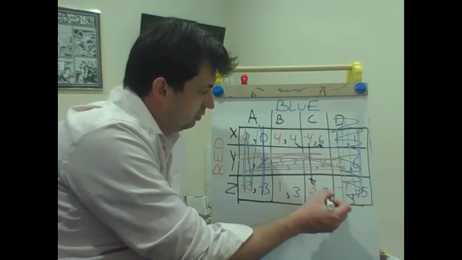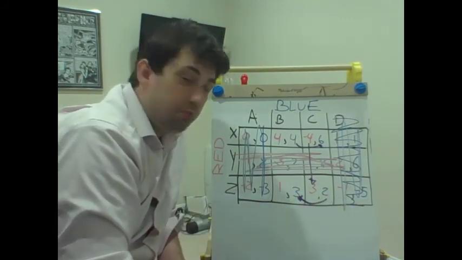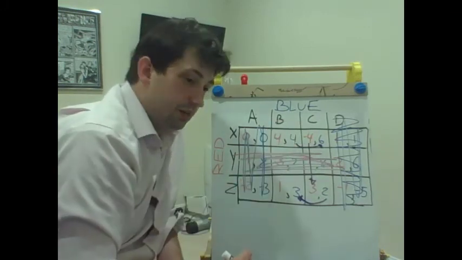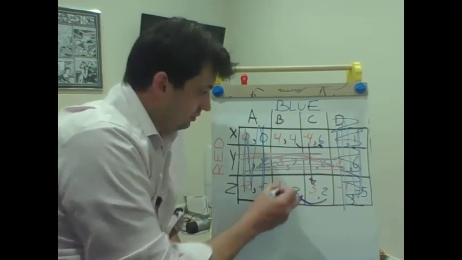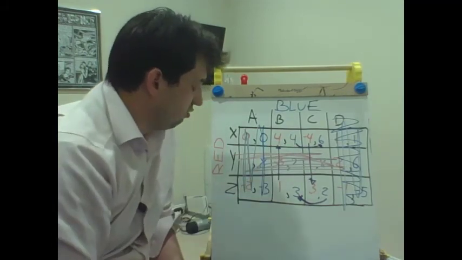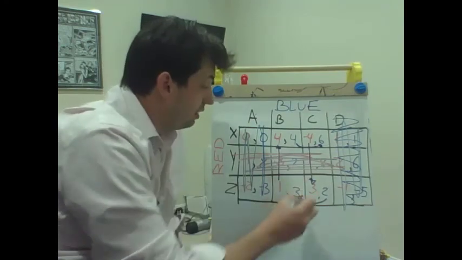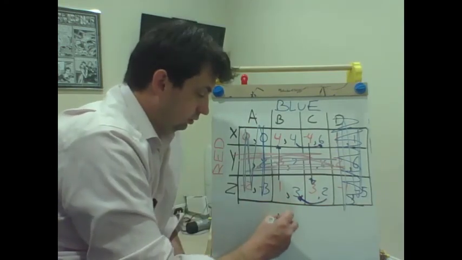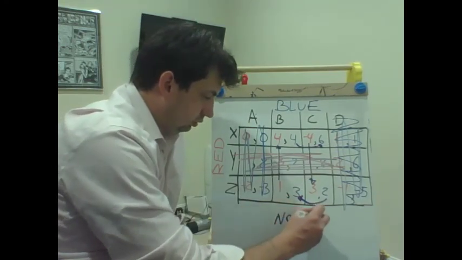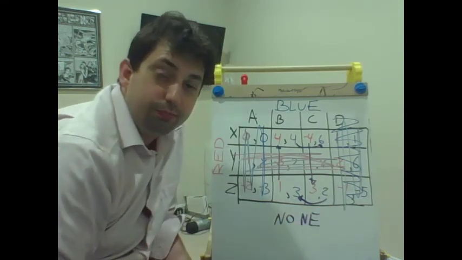Well, that means blue would like to switch back from C to B. And that means red would like to switch back from Z to X. So around and around we go. There is no Nash equilibrium.